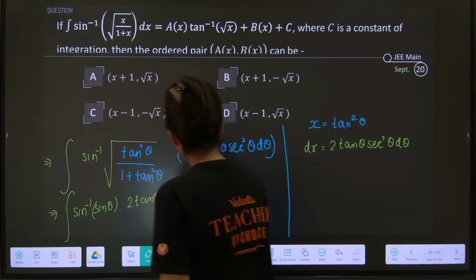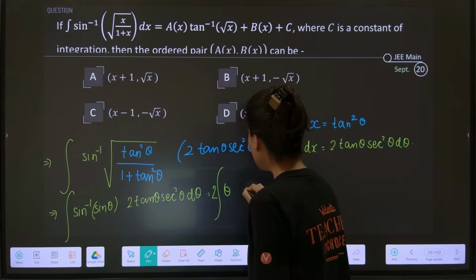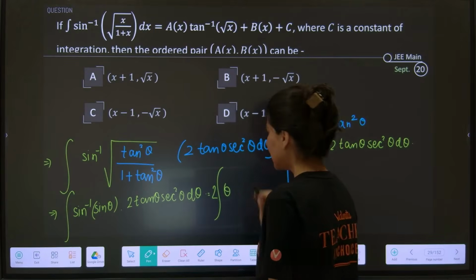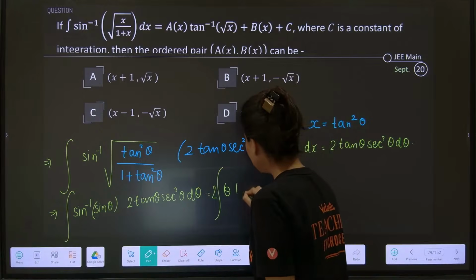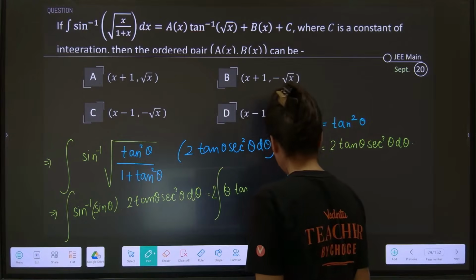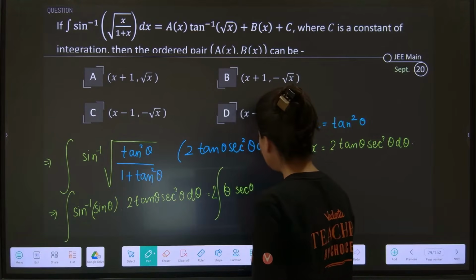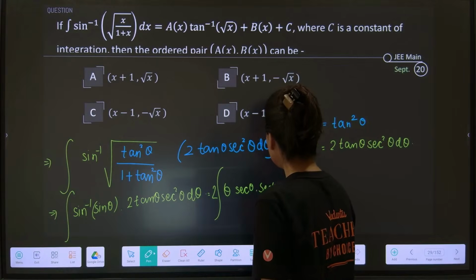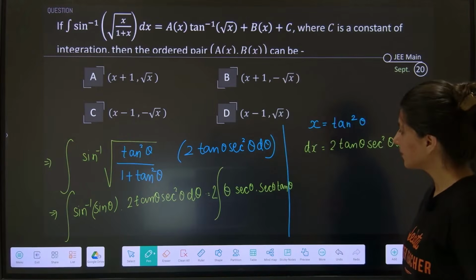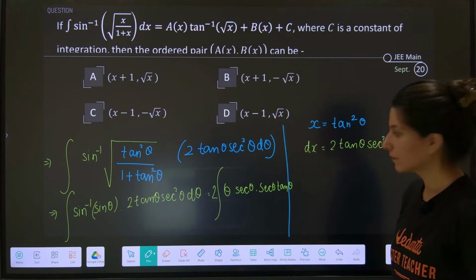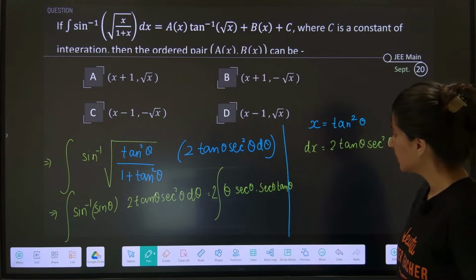So this is going to be 2 times the integration of theta times sec theta, times sec theta tan theta, d theta.